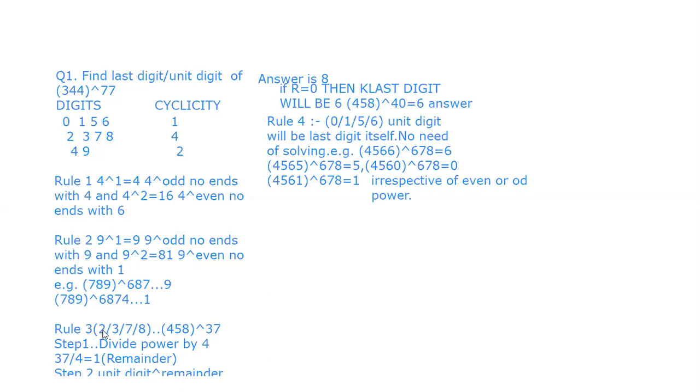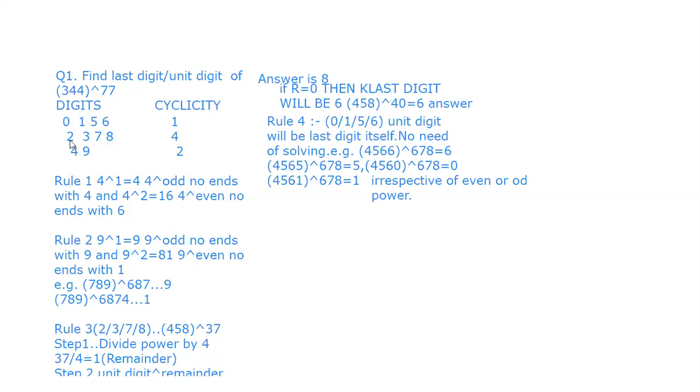So it means all those numbers which are ending at 2, 3, 7, 8, I will simply divide the power by 4 in the first step and go for the remainder, and my answer would be unit digit raised to power remainder. So if instead of 458 it is 457 or 453 or 452, I will be dividing 37 by 4.